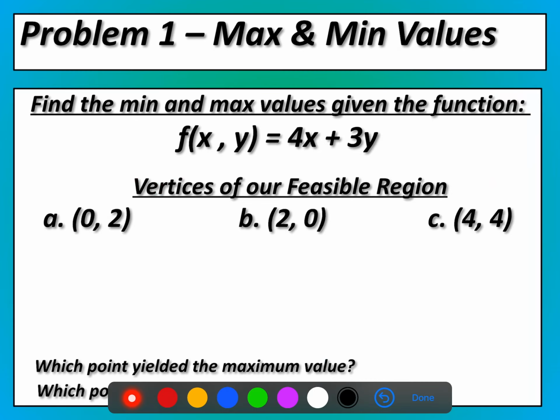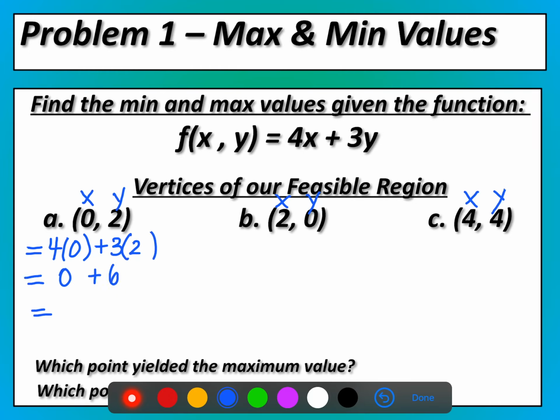So we're going to take each of these ordered pairs that are x and y values, and we're going to plug them into our function. Okay, so our first vertex produces a value of 6.